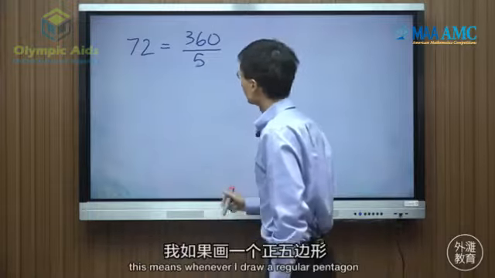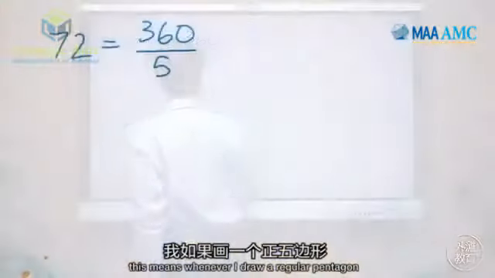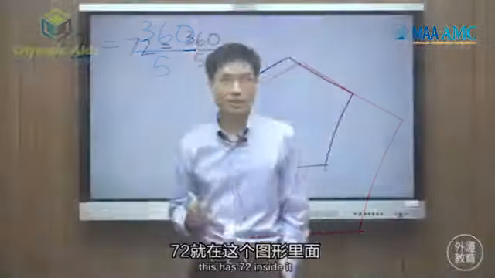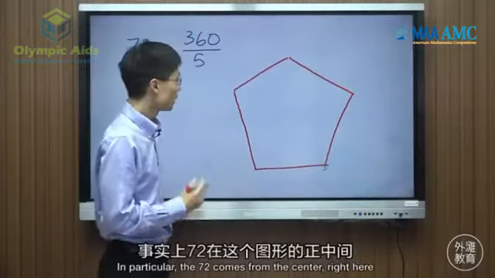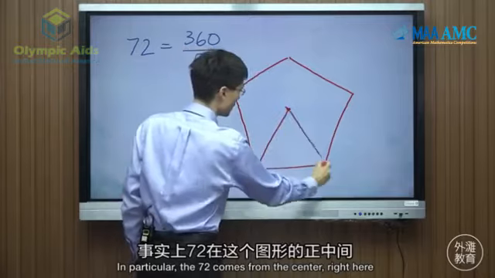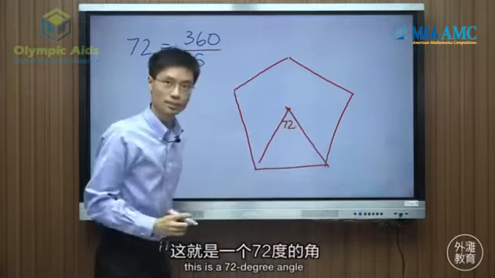Because of this, whenever I draw a regular pentagon, it has 72 inside it. In particular, the 72 comes from the center, right here. This is a 72-degree angle.